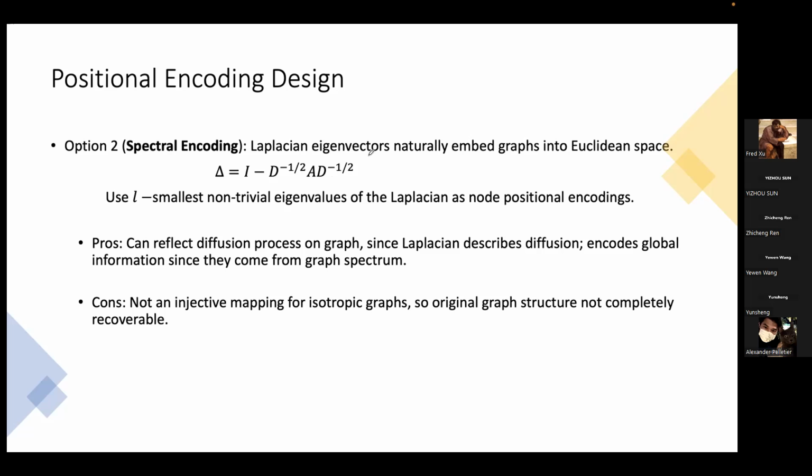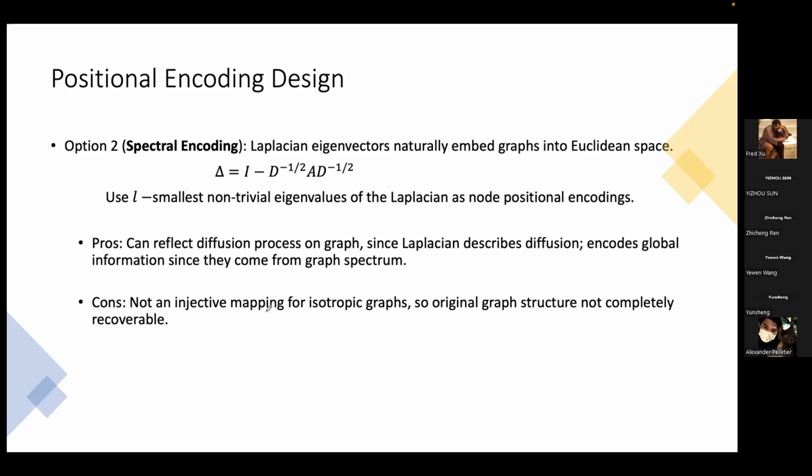So implicitly this is embedding the graph into a Euclidean space, because the Fourier space is kind of like a Euclidean space. Basically this is using your global graph information to add additional node encodings. So it can reflect the diffusion process, because the Laplacian describes the diffusion, but it is not injective.